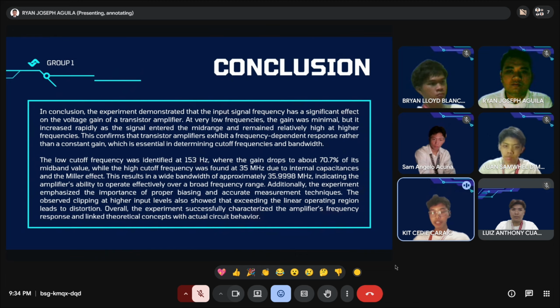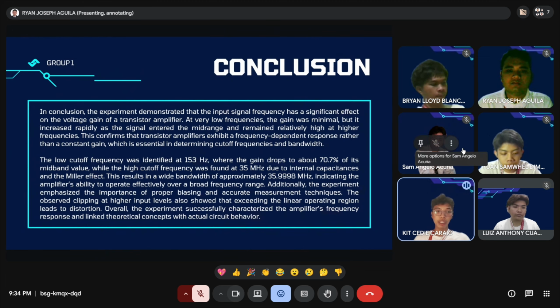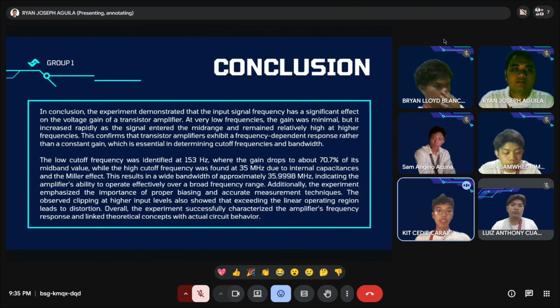So for the conclusion of our experiment 3, the experiment really shows that the voltage gain of the transistor amplifier depends on the input frequency. So the gain is very small at a low frequency, increases in the mid-range, and remains high at higher frequency, which confirms that we have a frequency-dependent response. The low and high cutoff frequencies identified earlier result in a wide bandwidth.